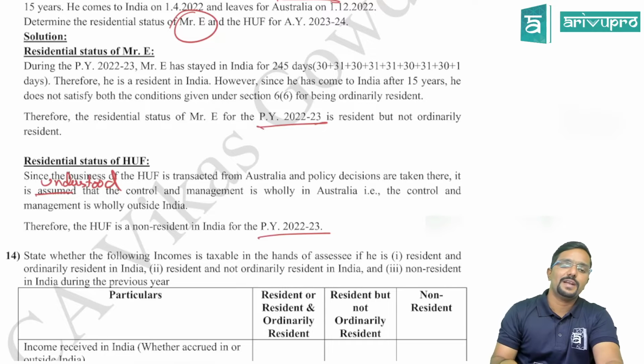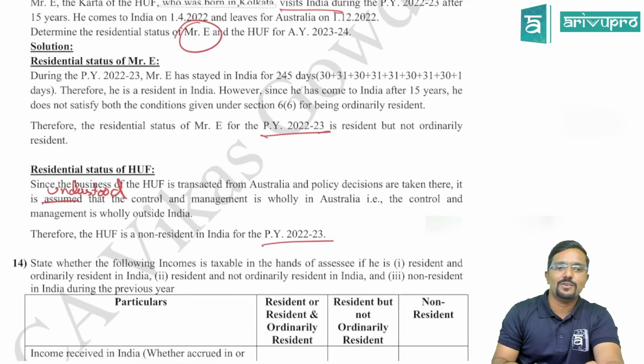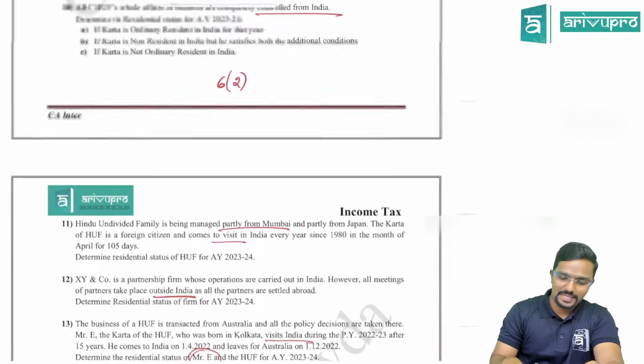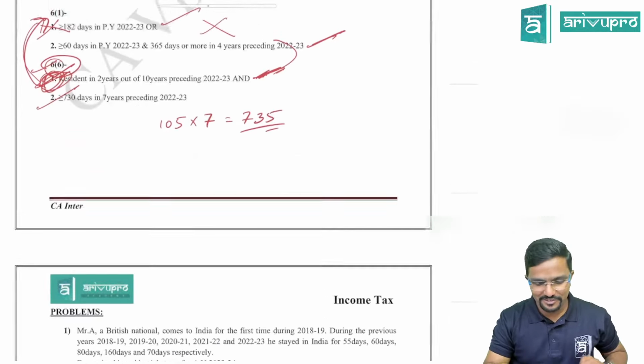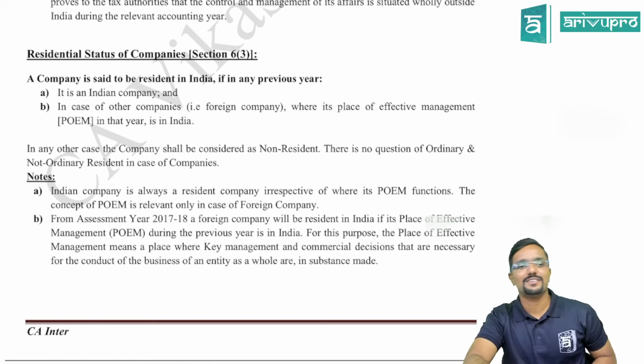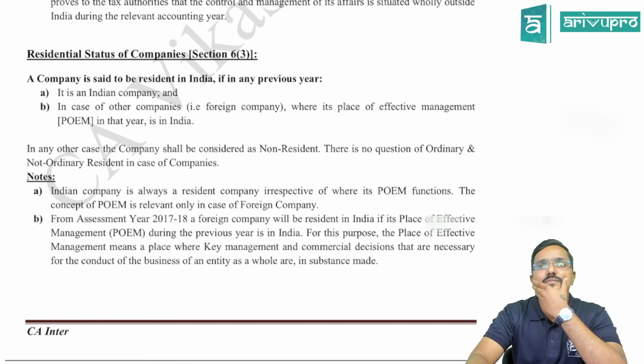Chalo. So we are left with one last category of person. What is that? Company. Company is also easy only. Subsection 2.